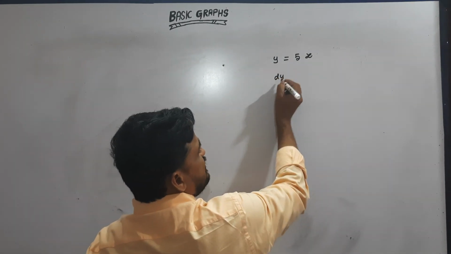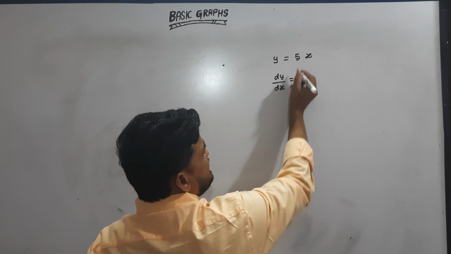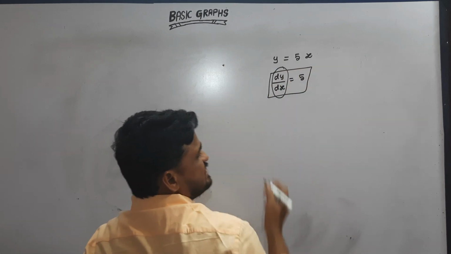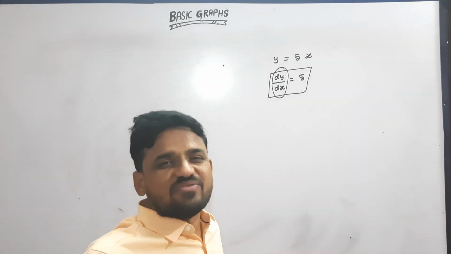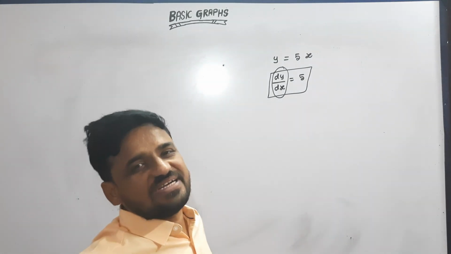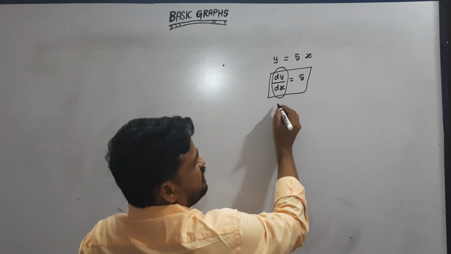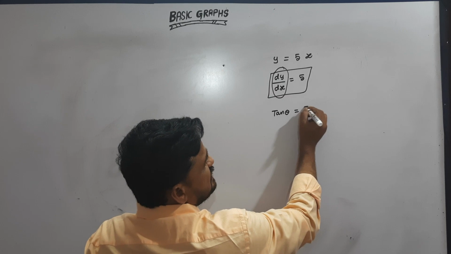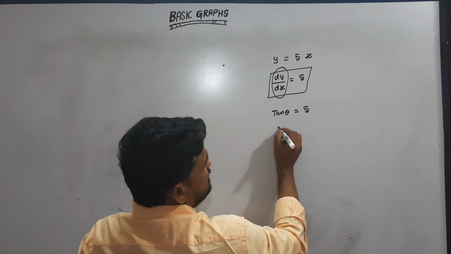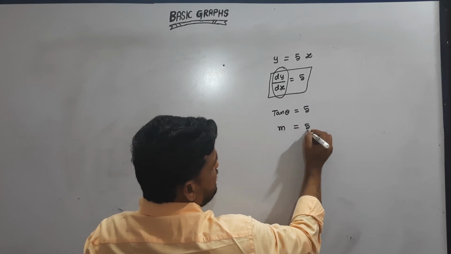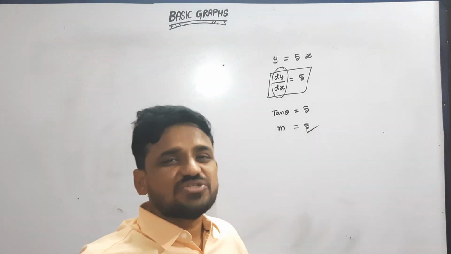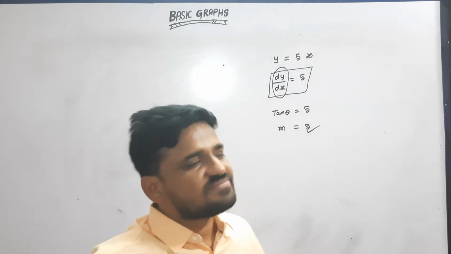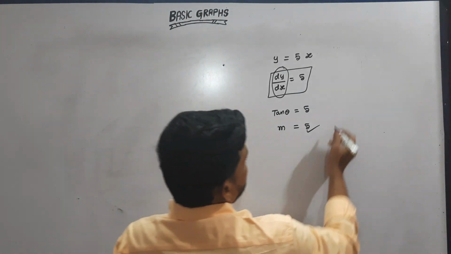From this, differentiate: we know dy by dx equals 5. Here dy by dx means the change of the y quantity with respect to the x quantity, which is given by the slope. Here tan theta value 5 means m equals 5. Tan theta means slope. Slope is denoted by the symbol m. Here the slope is 5.